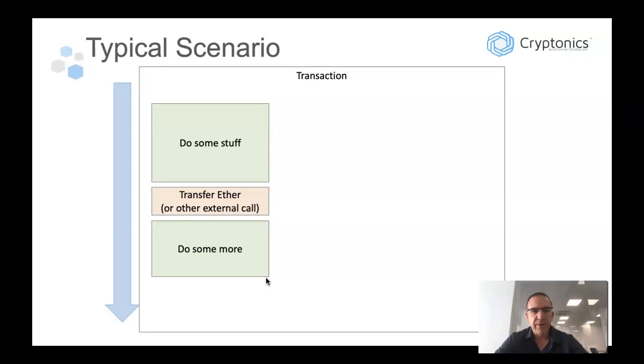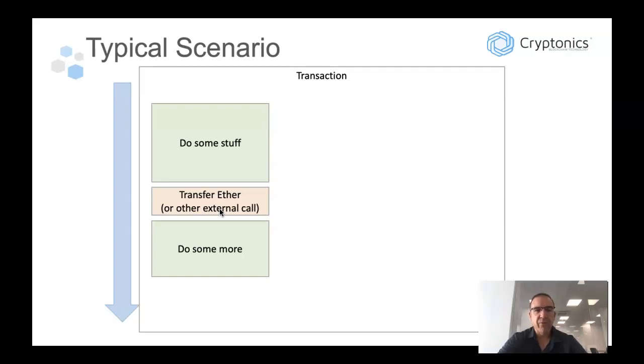So here's the typical scenario. Within a transaction, within a function, in some smart contract code, you first do something, and then you transfer ether to someone, or make another external call. It mainly happens when you transfer ether and then do something else. But in any case, that transfer might be to an external address or to a smart contract.